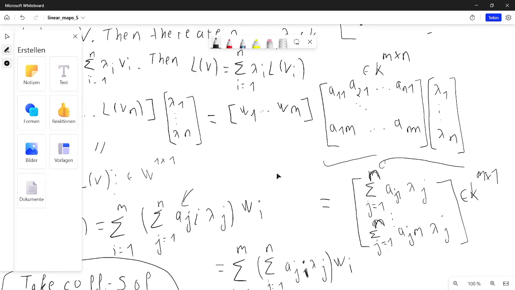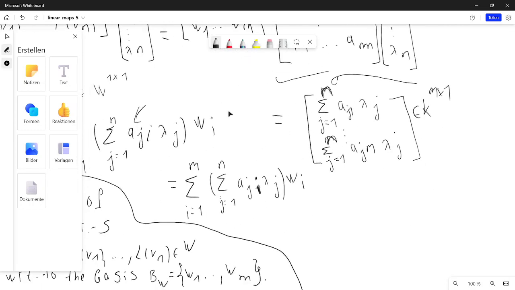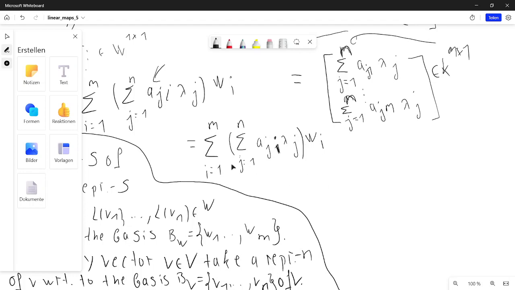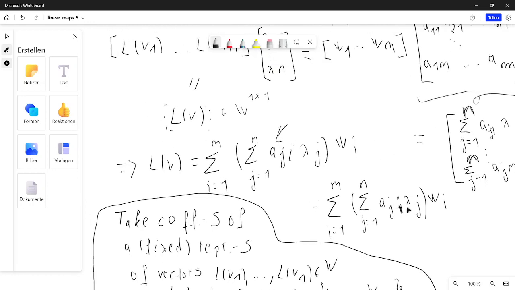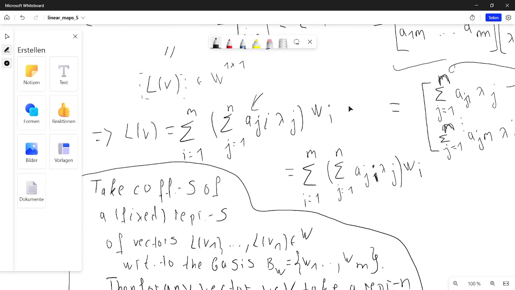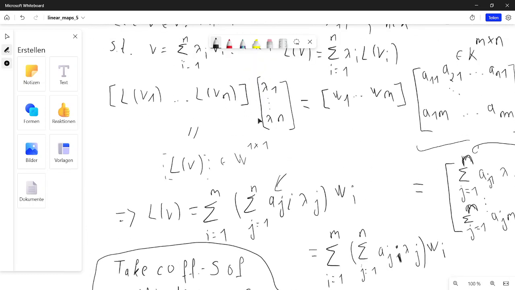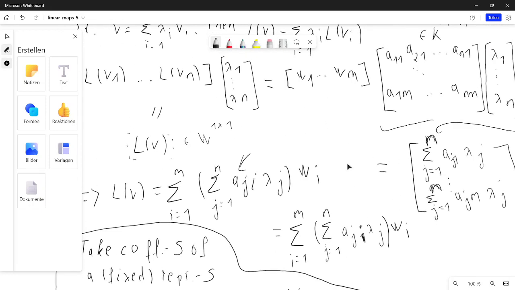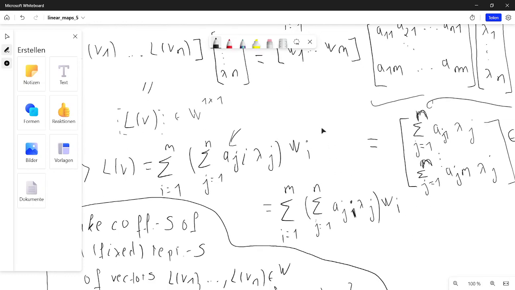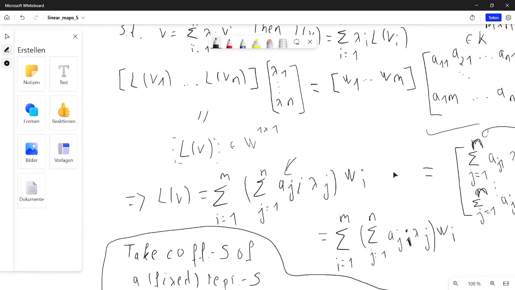And by these considerations of funny kind, we have arrived at some expression for the coordinates of the image of this V under L with respect to the basis BW, which only involved the coordinates, which we now know to be unique, of a vector V with respect to the given fixed basis of V, and the unique representation coefficients of the vectors that are images of the vectors in the basis BV with respect to the fixed basis BW. Right.